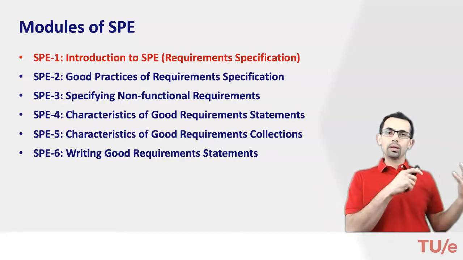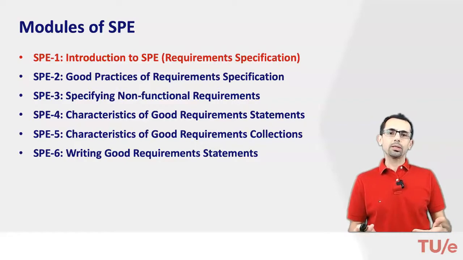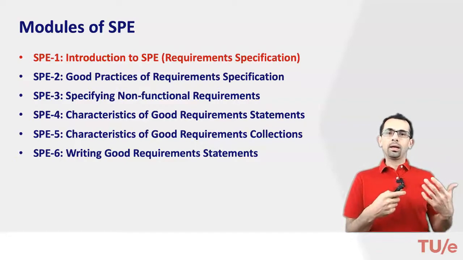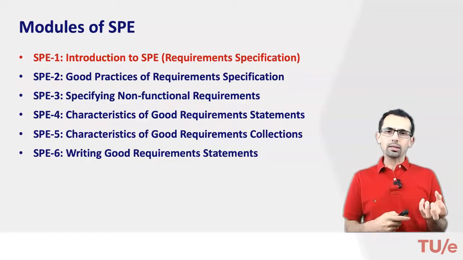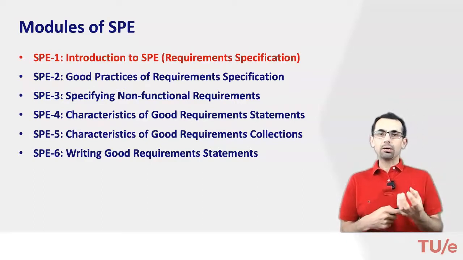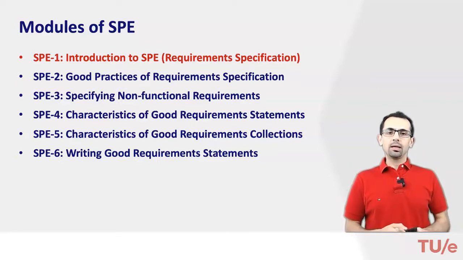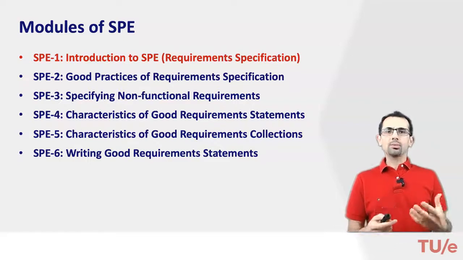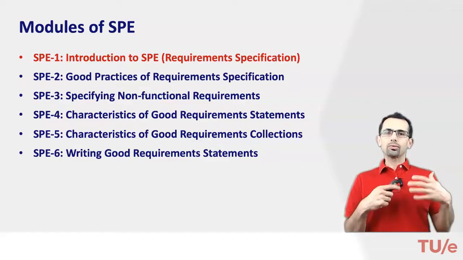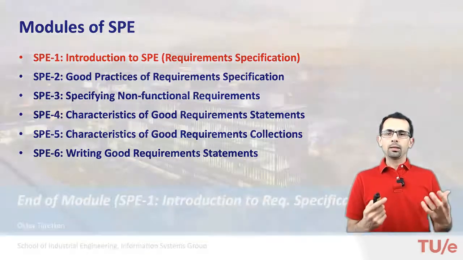Then I'll continue with the discussion of how you can specify non-functional requirements, and then I'll discuss the good characteristics of requirement statements and requirements collections, two different units of analysis. And then finally we'll discuss some tips and tricks about how you can write good requirement statements.